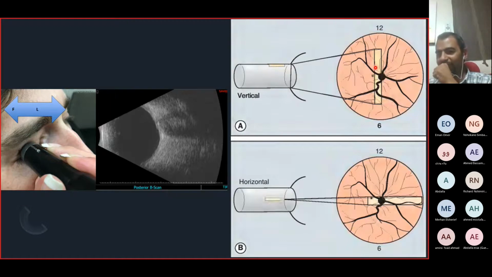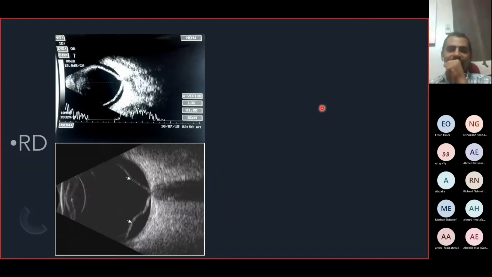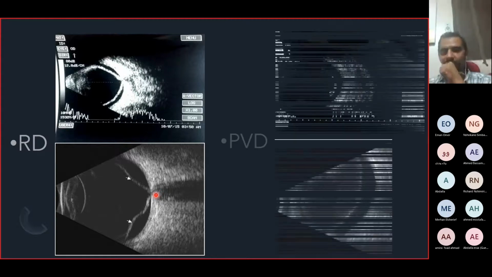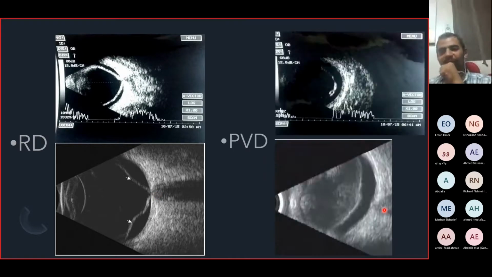But if the vitreous is detached, there will be a Weiss ring, but the vitreous is completely detached from the retina and not attached to the optic nerve head. This is why, in retinal detachment, if you find that it is attached to the optic nerve head like this, then this is suggestive of retinal detachment. If it is not attached to the optic nerve head, then it's suggestive of vitreous detachment. This is number one.